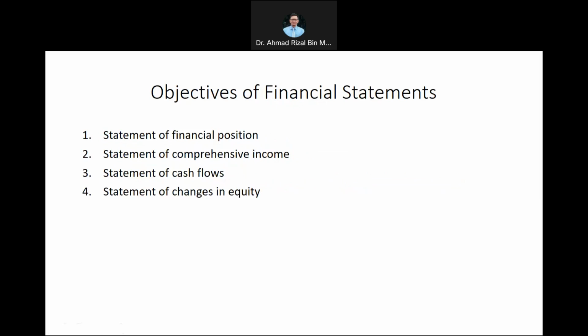We have the statement of cash flows, which is the accounting cash flow statement. In finance, we have another statement called the financial cash flow statement, which is slightly different from the accounting cash flow statement. And finally, a statement of changes in equity.